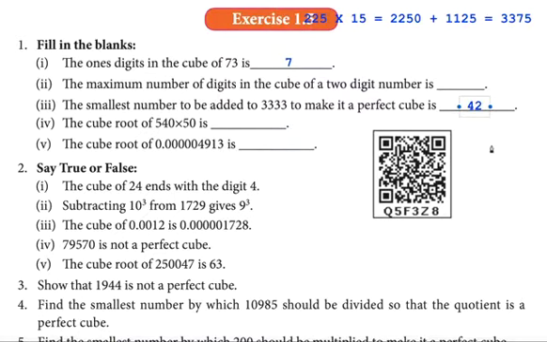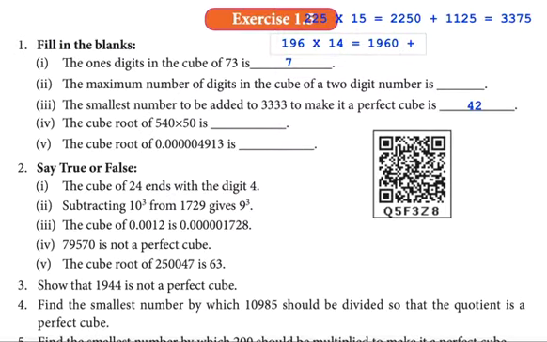Why will 14 cubed not go that far? 196 into 14. You also want to find out 14 cubed. But 14 cubed is less than 3333, I guess. 14 times 14 is 196, into 14. Let me write it here. 1960 plus 196 into 4.